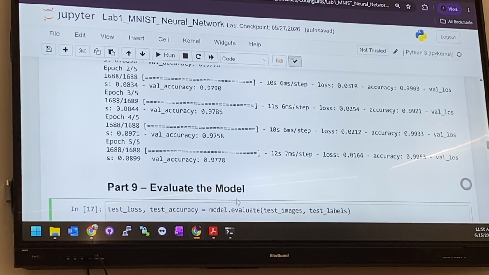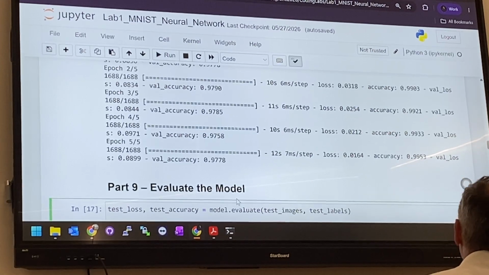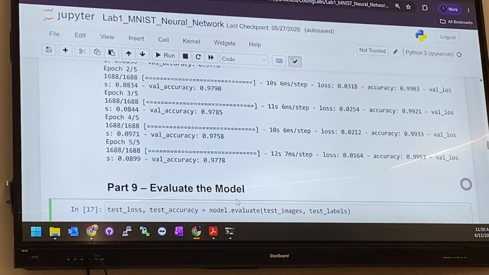You see there is a difference between the training accuracy and the testing accuracy. This is different because on part 9, we're evaluating the model with the part of the data, the testing data, that the model has not seen. And this is the accuracy that we report for how good the model is.